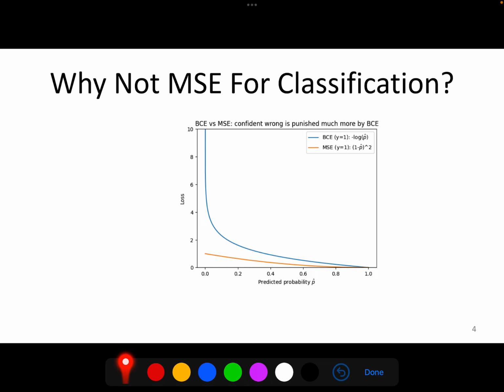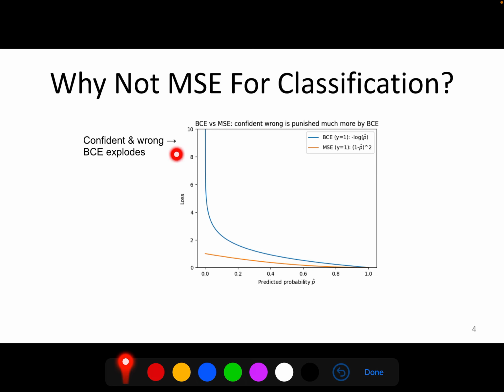A common question is, why not just use mean square error for classification? Look at what happens when the model is confident and wrong. Let's consider y equals 1. When p is closer to 0, we can see that the BCE explodes.